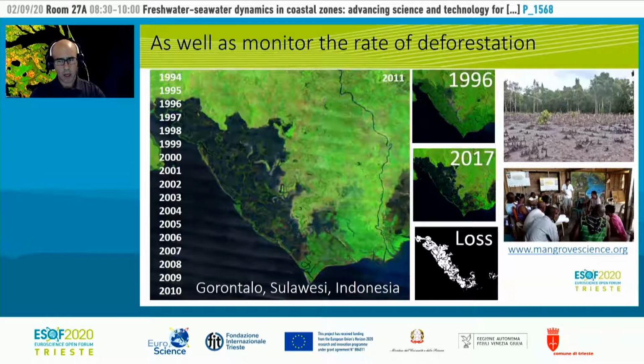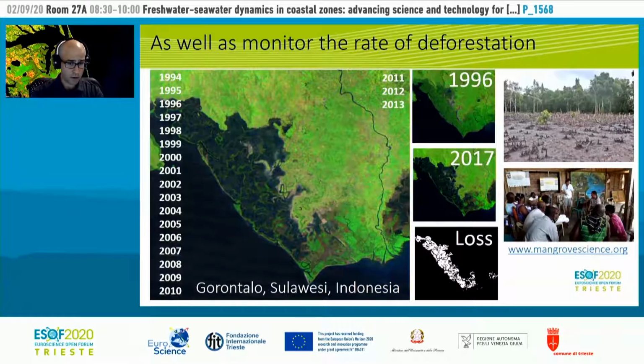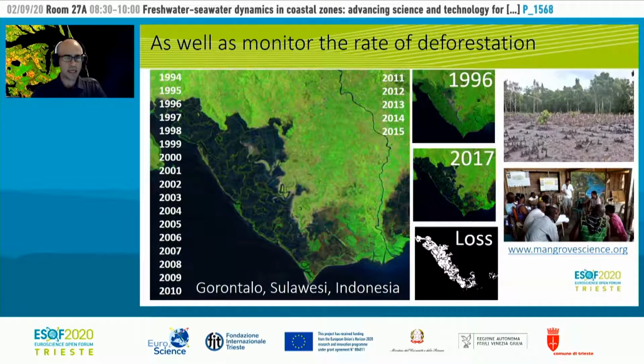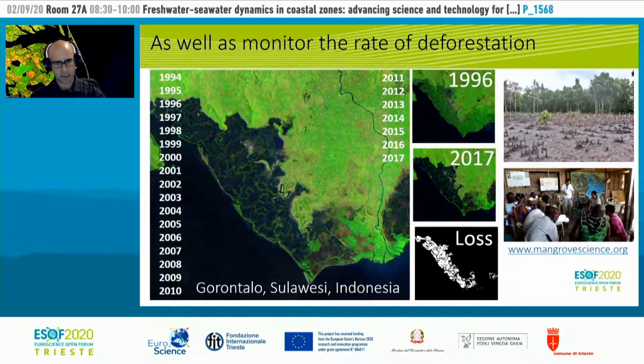This is actually occurring within a marine protected area. So identifying the balance of protection of these critical areas is important from a monitoring standpoint. You can see the drastic loss between 1996 and 2017.